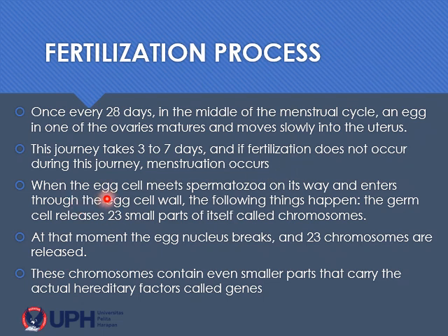When the egg meets the spermatozoa on its way and enters the egg cell wall, then the germ cell will release 23 chromosomes, and then the egg nucleus breaks, and there will be another 23 chromosomes that are released. And these chromosomes contain smaller parts that carry the hereditary factors, which we call genes.